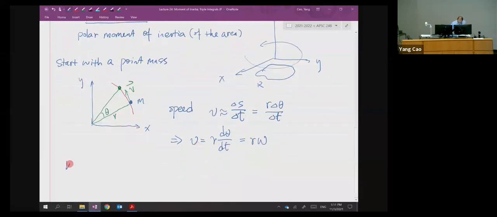Okay, so that's your speed. Now let's look at the kinetic energy. The kinetic energy formula is 1/2 m v squared, 1/2 times mass times velocity squared. I have my velocity right here, which is R omega.